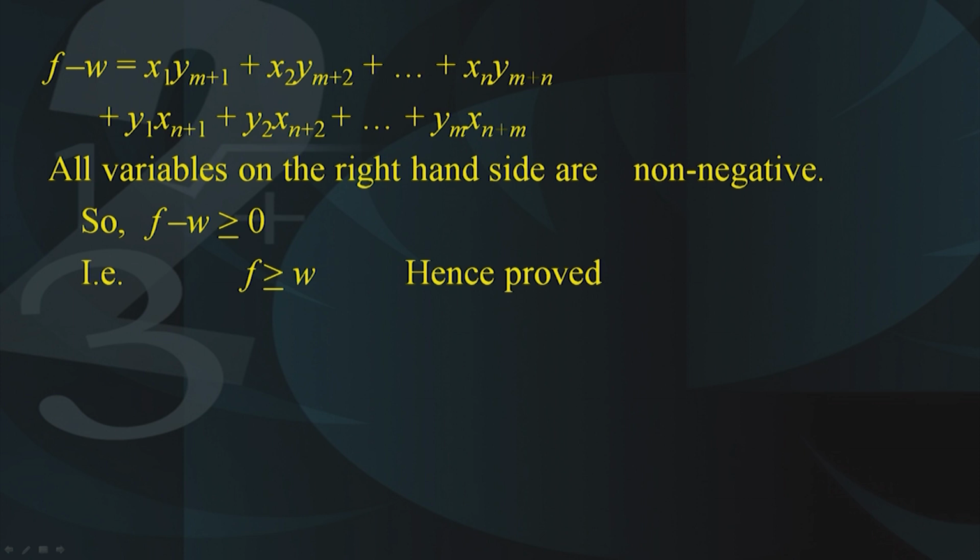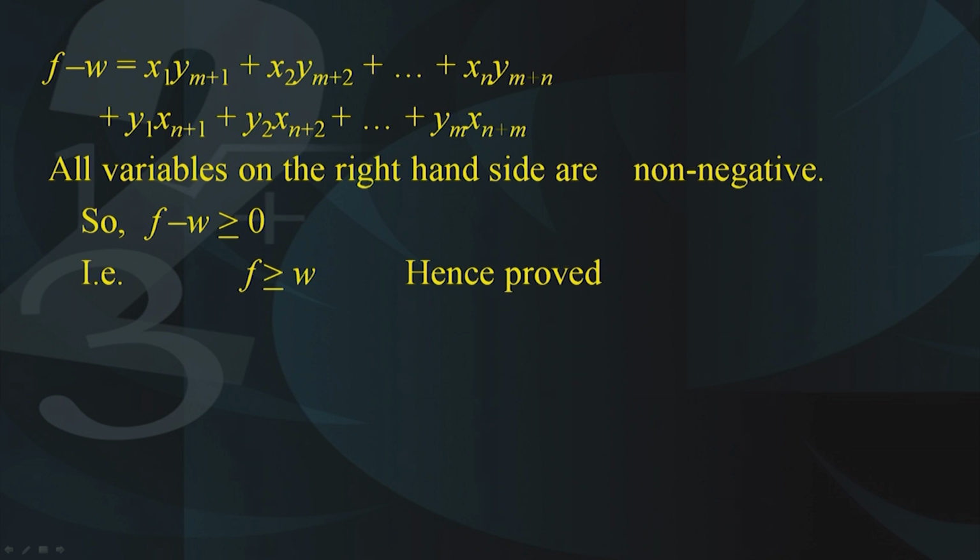Yes, you find that all the variables on the right hand side are greater than or equal to 0, because that is what they are, the primal variables and the dual variables. None of them is unrestricted in sign. All of them are greater than or equal to 0.